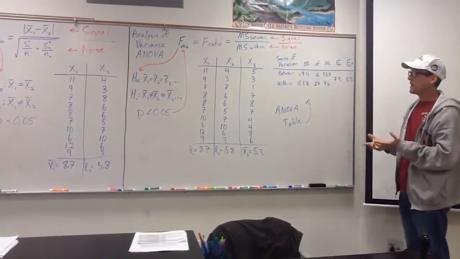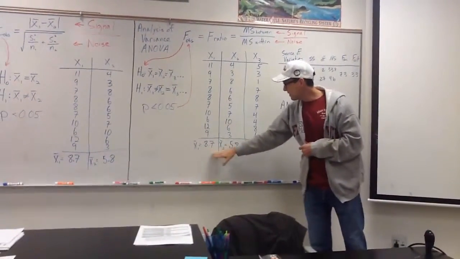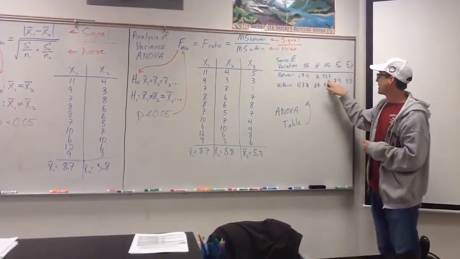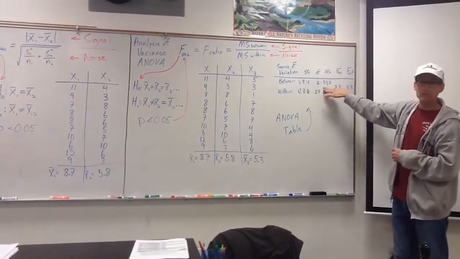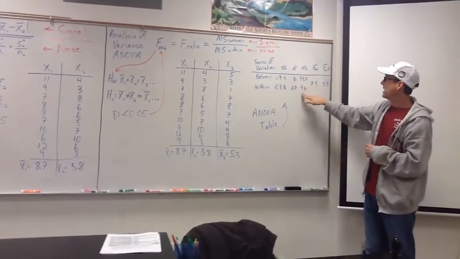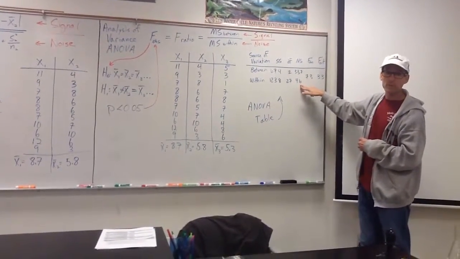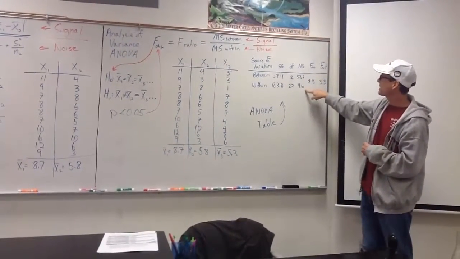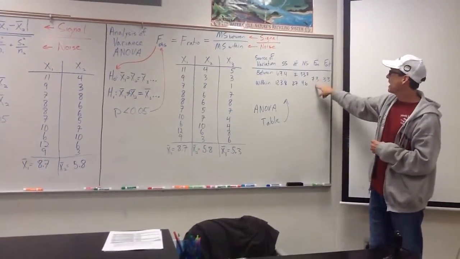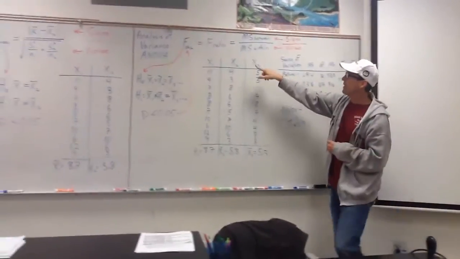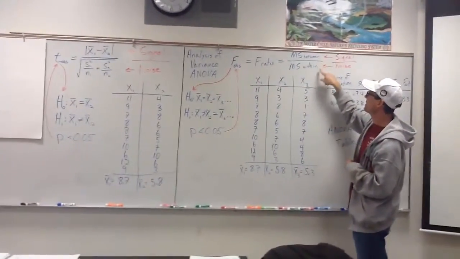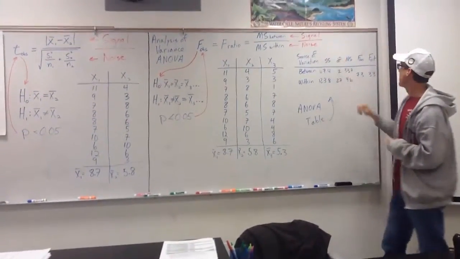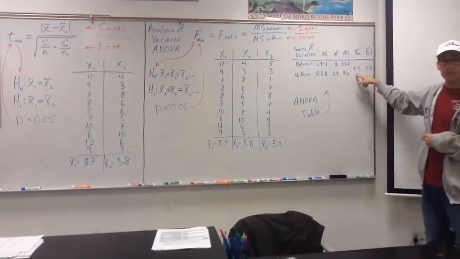And so if I'm expecting that at least one of these three means is significantly different from the others, then I would expect a large signal, in this case 33.7, and very little noise, in this case 4.6. So if I divide 33.7 by 4.6, that gives me my F observed, my F ratio, my mean square between divided by my mean square within, my signal to noise ratio. And in this case, it's 7.3.